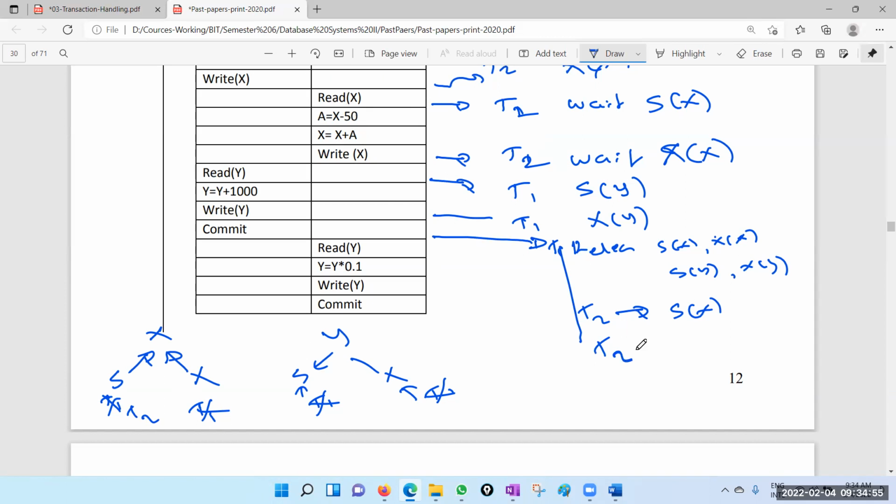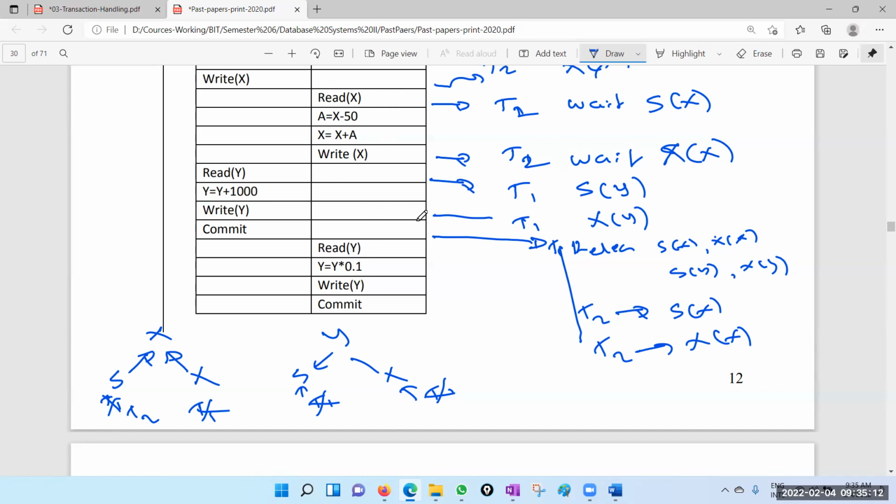At the same time, T2 will get the exclusive lock of X. Now it can proceed with these four steps because it got the shared lock of X and the exclusive lock of X.